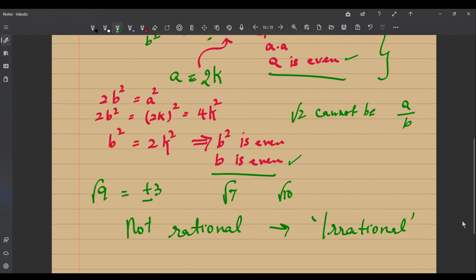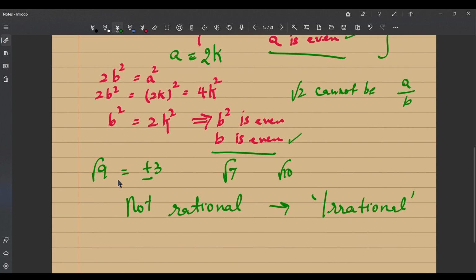For example, consider pi. What is pi? Pi is the ratio of the circumference to diameter of any circle. The circumference to diameter ratio of all circles, whether small or big, was found to be the same, and that was equal to pi, isn't it?